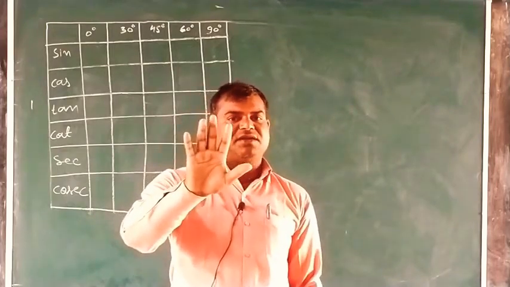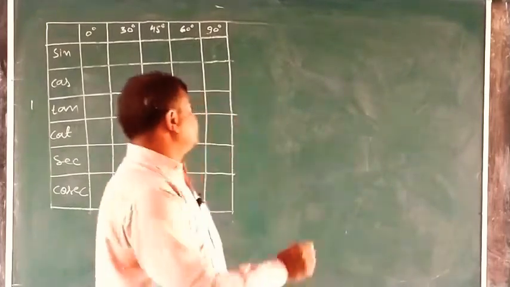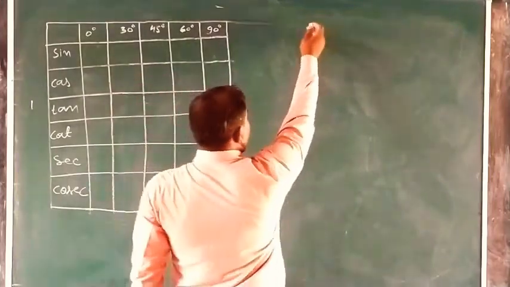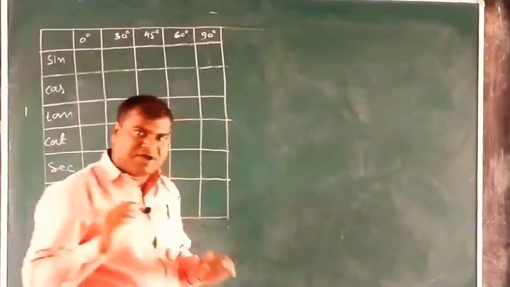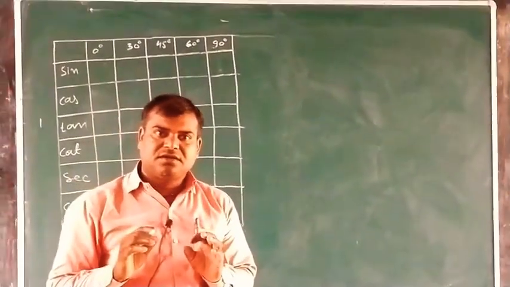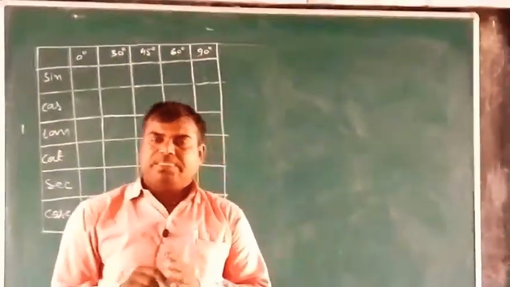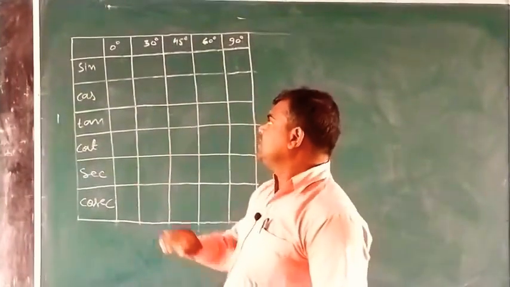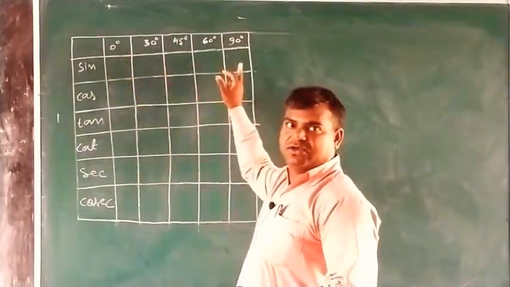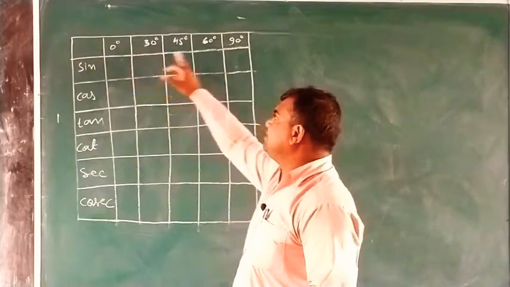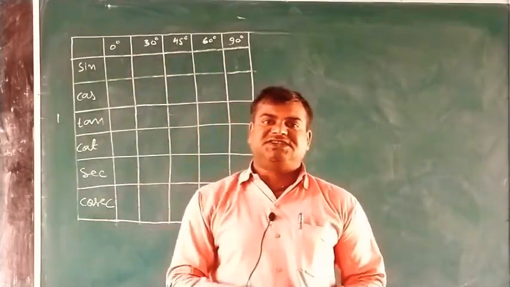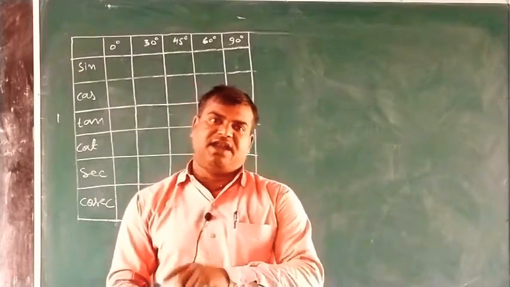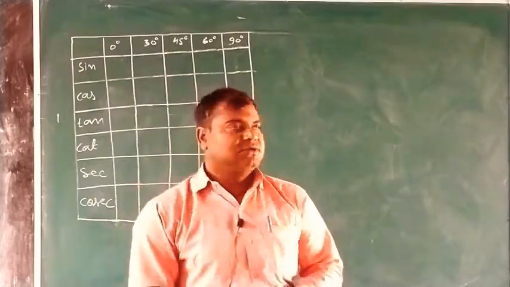These are 5 numbers, so we are going to write them here. Why have we taken 5 whole numbers? Because we have 5 angles. So we have taken 5 whole numbers starting from 0 and the last is 4.